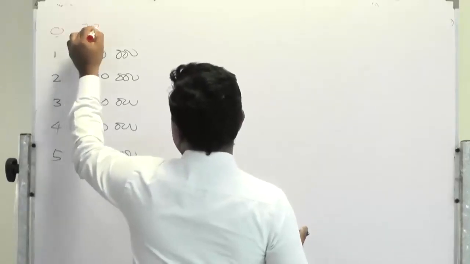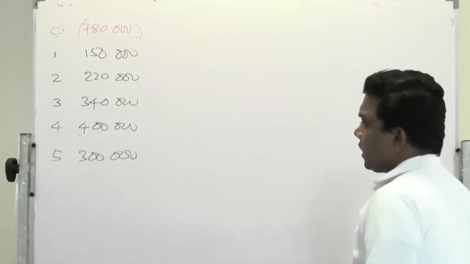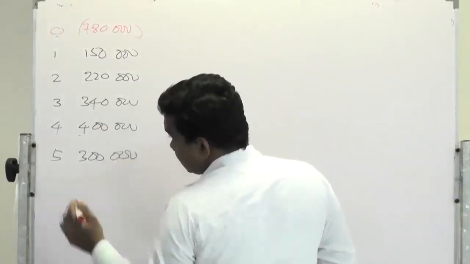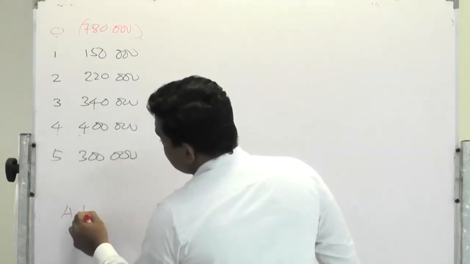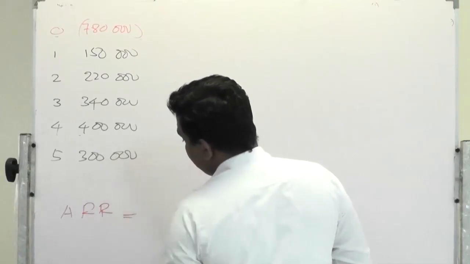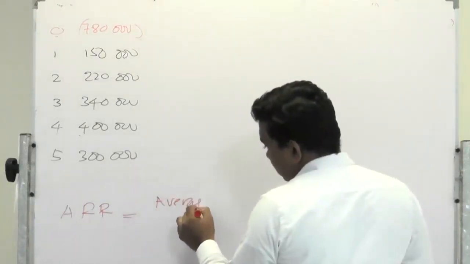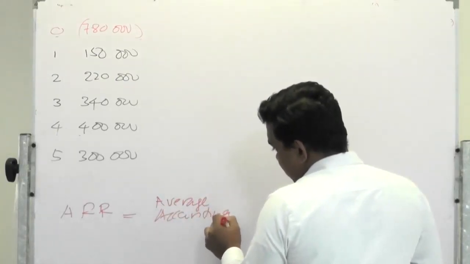Year 0, 780,000 is the investment. The accounting rate of return, AAR, equals average accounting profit, not the cash flows, right?